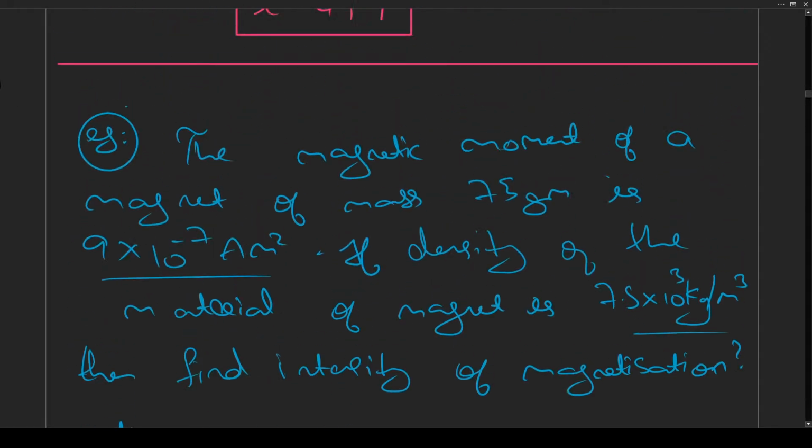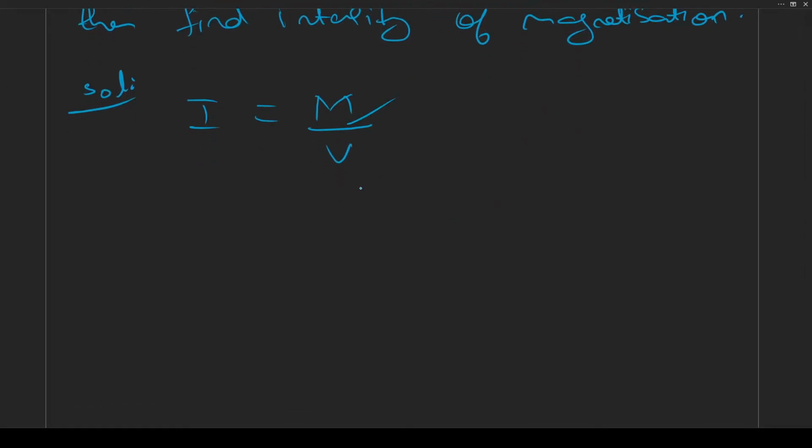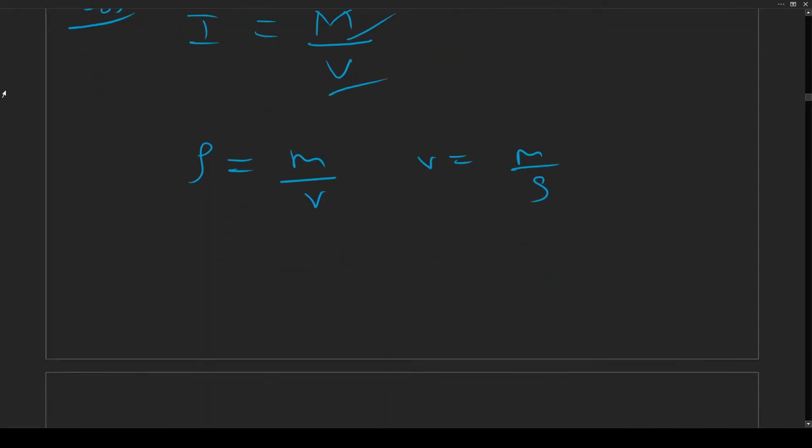We know the mass and the magnetic moment, so what we need to find is the volume. Density rho equals mass by volume, so volume equals mass by rho, which is 75 grams, 75 into 10 power minus 3, by 7.5 into 10 power 3.